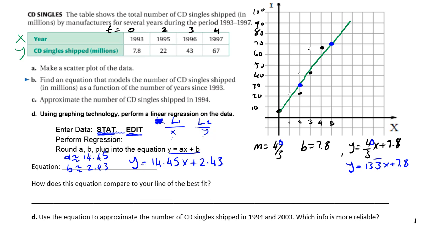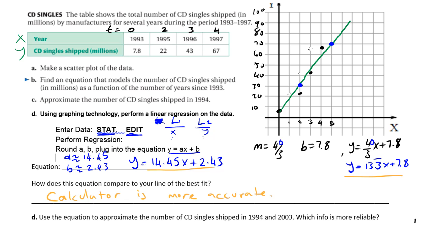And as you can see, our equation that we manually found is almost representing the best fit that could be found with the calculator. And how does this equation compare to my line of best fit? Of course, the calculator is more accurate, but they do both have similar slopes.